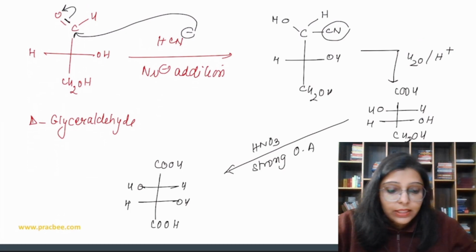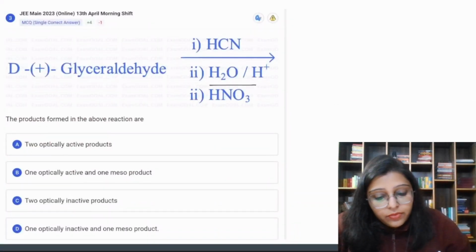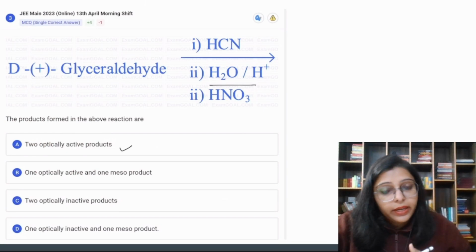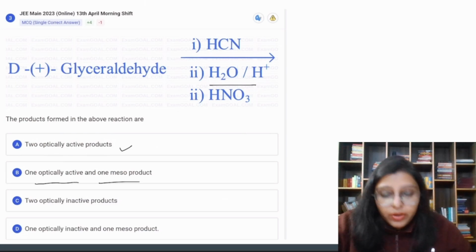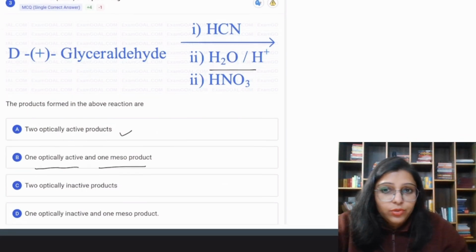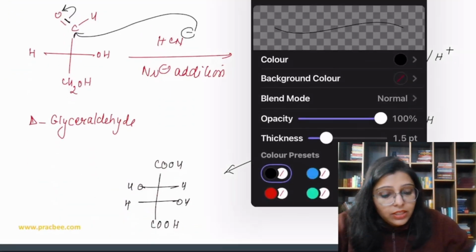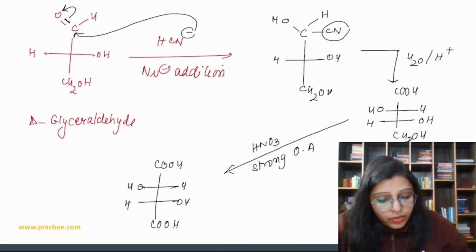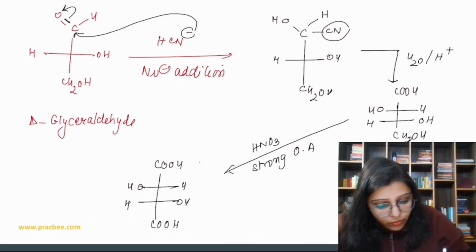Now let's see the statements. The statement says we have two optically active products. What are optically active products? Those which can rotate plane polarized light either to the right hand side or the left hand side. And one optically active and one meso product. So we basically have to find out the stereoisomers, forming the different compounds with respect to this structure.